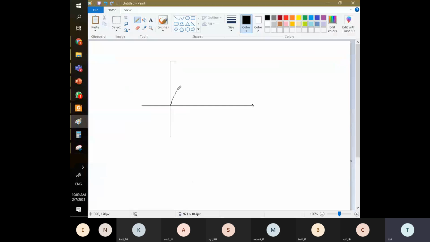Let's say this is a waveform here, a perfect AC waveform. Let's say this is a sine function, right? Let's say here is your maximum voltage. We call it Vm.